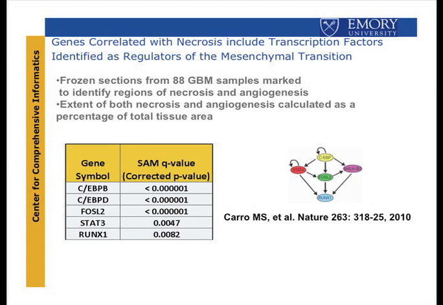The basic issue here has to do with the scenario that, I mean, they're all bad types, but the worst type of GBM is the mesenchymal type, which tends to have a lot of necrosis. And when you look at the gene expression and the omic data, you tend to find certain pathways are particularly active, and there appear to be certain master regulators associated with those pathways.